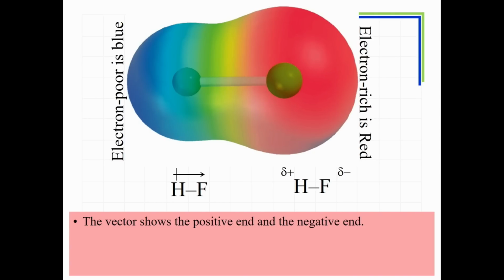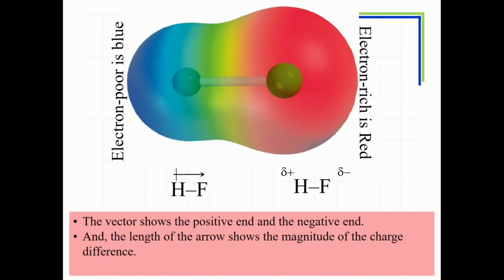So that vector has the positive end and has the negative end. The negative end is where the arrowhead is. The length of the arrow would be a magnitude of how polar this is. Now this is quite a polar bond. And so I've drawn a long arrow. Well, you don't know that it's a long arrow, but we'll say it is.